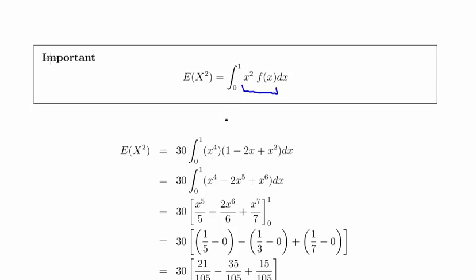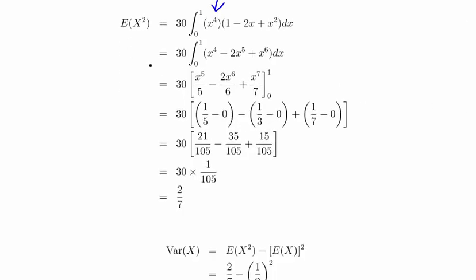So working this out the same way, we have x squared times x squared, which we simplify as x to the power of 4. Multiplying it through, we get x to the power of 4 minus 2x to the power of 5 plus x to the power of 6. When we integrate that, and again the 30 is out here on its own, we'll leave that until the end. So when we integrate x to the power of 4, we get x to the power of 5 over 5.